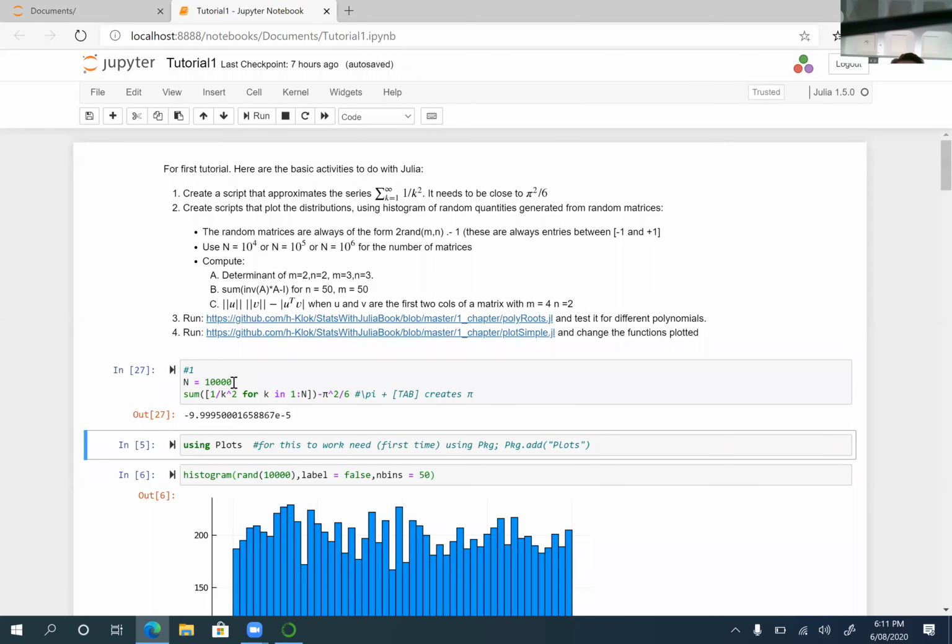Okay, next, using Plots. For that to work, you have to go into Julia. I'm using 1.5.0.